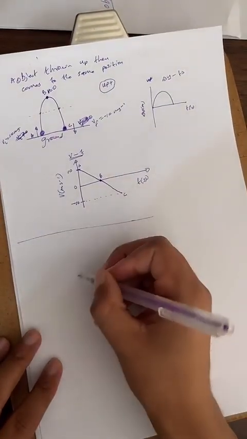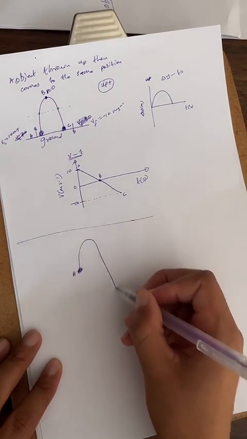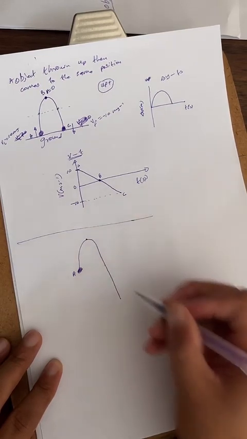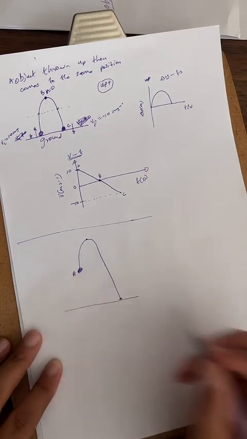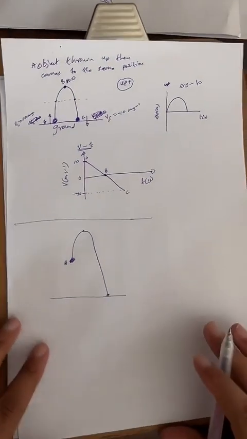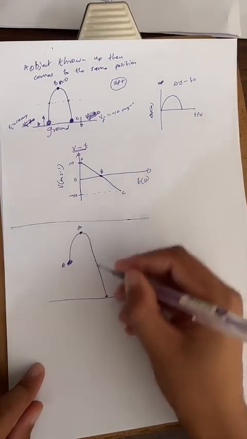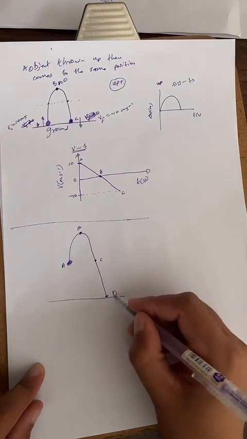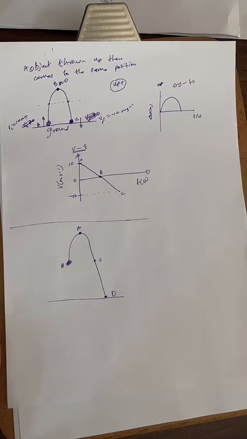Now we have an object thrown from point A, goes to maximum height, point B, and then it passes. So we have a point there. This is the point where it was supposed to be collected, but then say the person misses it. So the shape of motion will look like this, and the points of interest will be point A, point B. We can include point C here and have point D over there. It's fine. Maybe it will help us to use point C later on.